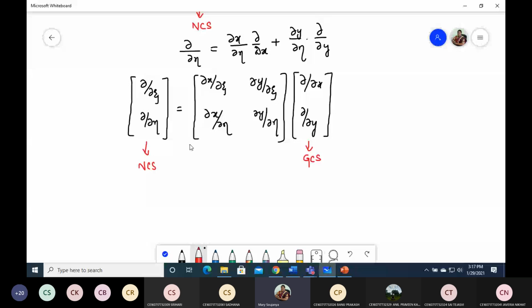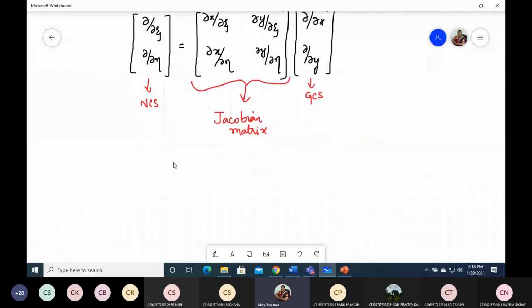The matrix relating NCS to GCS is called the Jacobian matrix.